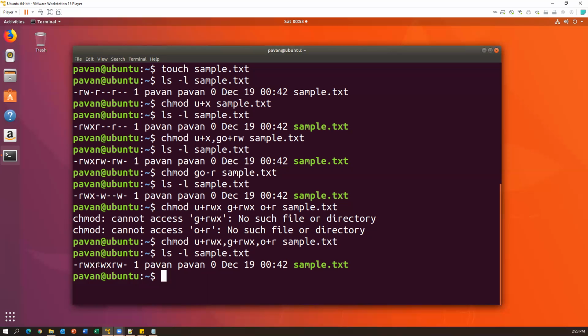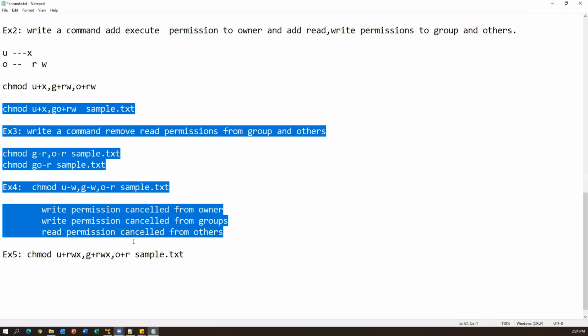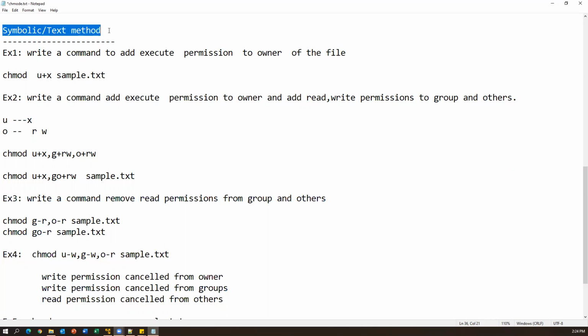For others, I have added read permission, write permission is already there, and there is no execute permission. So this is a way we can add multiple permissions at the user level, group level, and others level. These are a few examples we have used in the symbolic or text method.